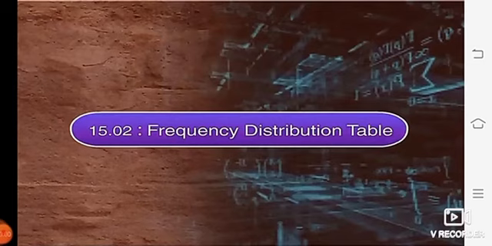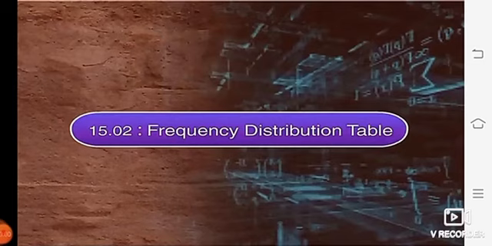So, children, in some examples or in some collected data, some scores are appearing again and again. Scores means the numbers that are there in that particular data. The number of times a particular score occurs in a data is called the frequency of that score.